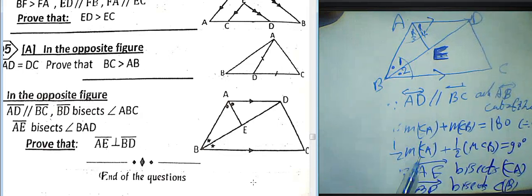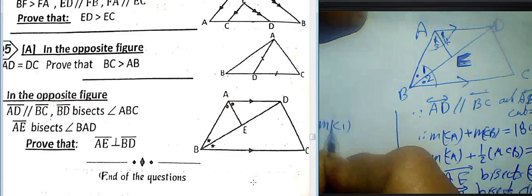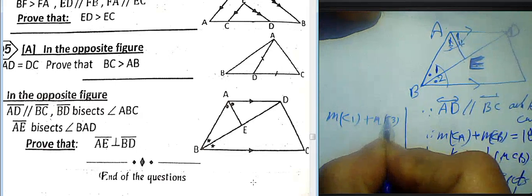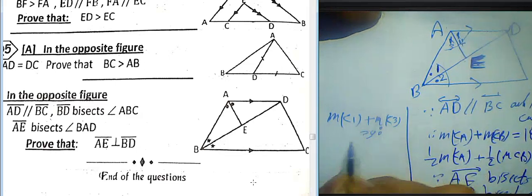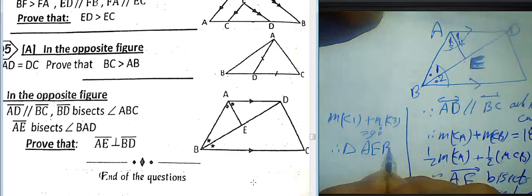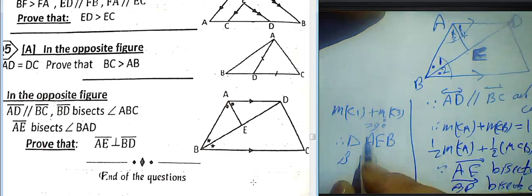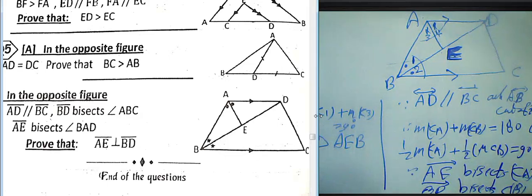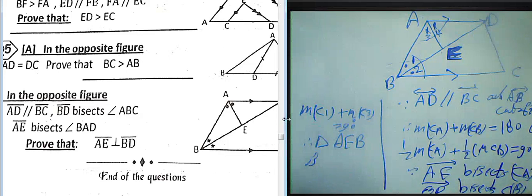Then half of measure of angle A is measure of angle 1, plus measure of angle 3 equals 90 degrees. So triangle AEB is a right angle triangle. We have a right angle triangle here. Understood?